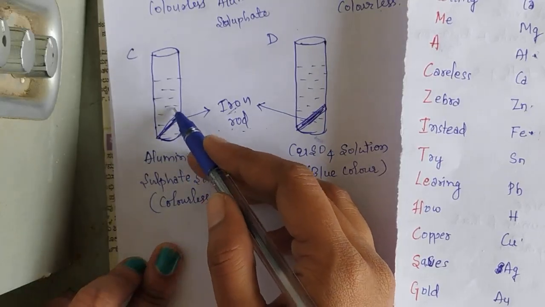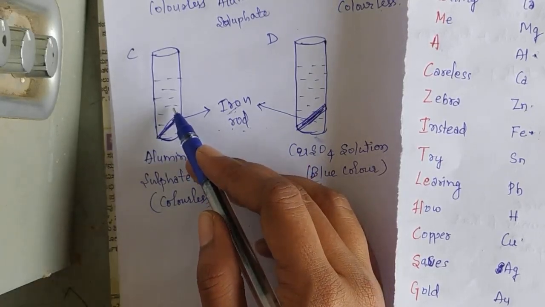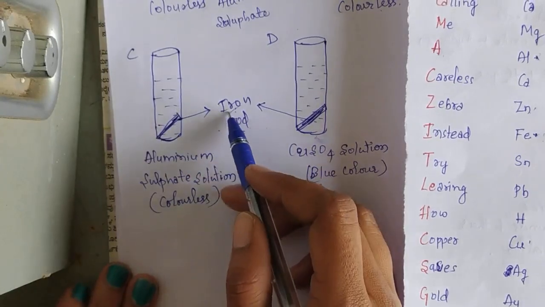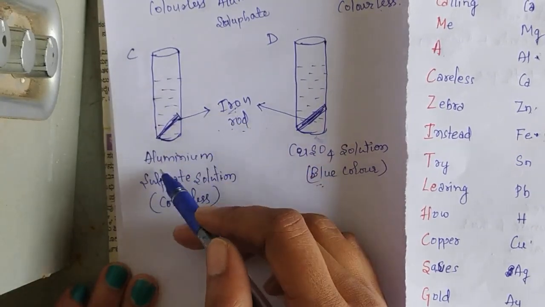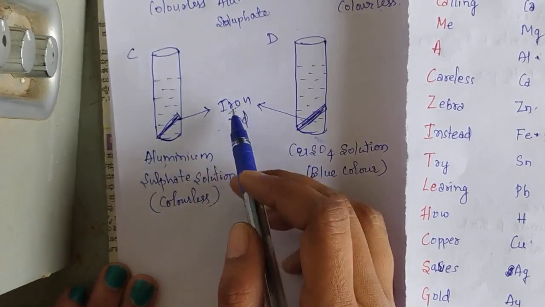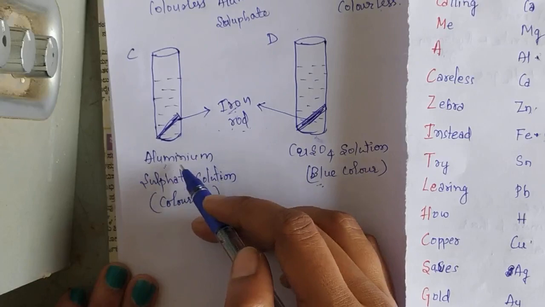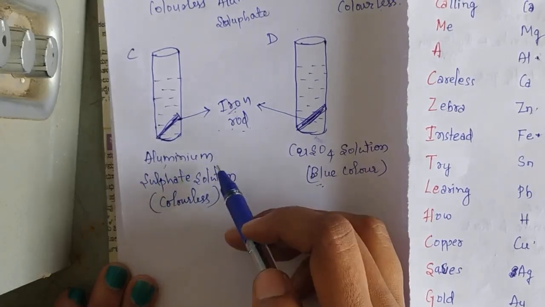In test tube C, no reaction. There is no chemical reaction because iron is less reactive than aluminum. Therefore, iron atoms cannot displace the aluminum from aluminum sulfate solution.